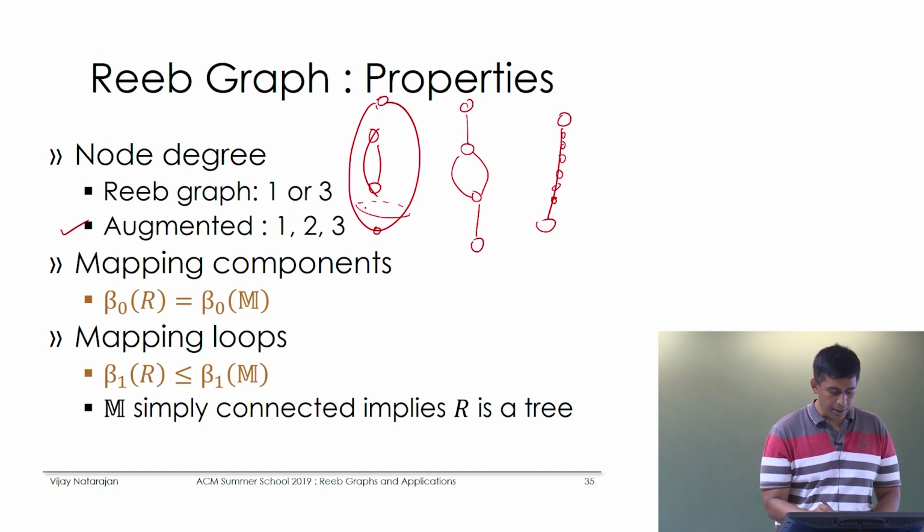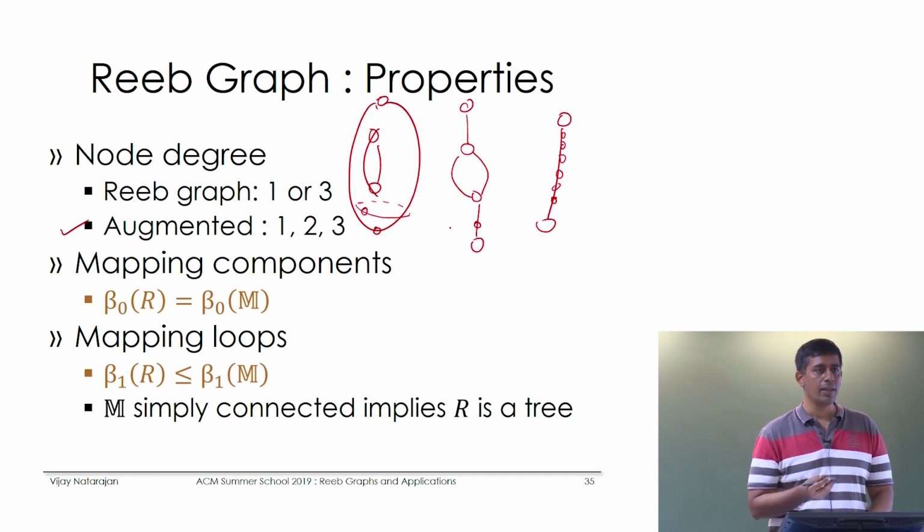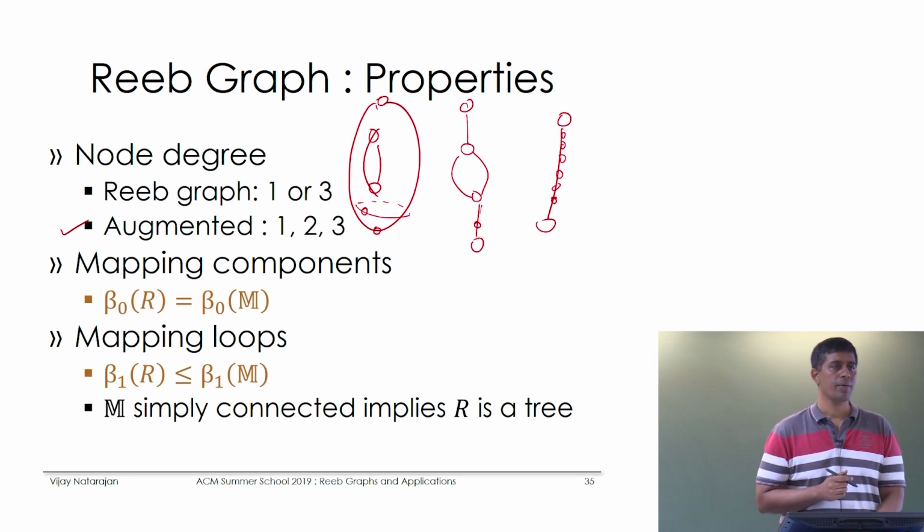So, if I pick a regular point here, it will map to some point in this arc. It is a unique map, and naturally that point will have degree 2. So, if you declare that point also as a node in the graph, the number of arcs increases by 1 and the number of nodes also increases by 1.